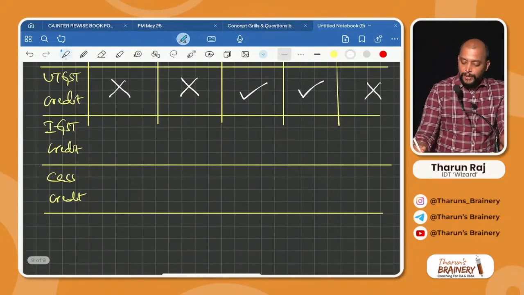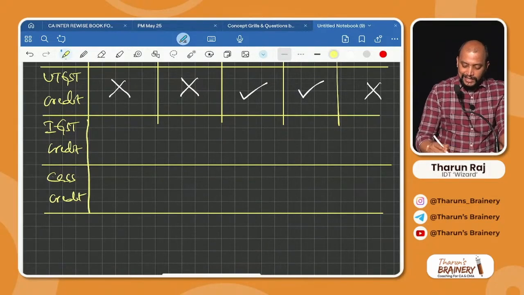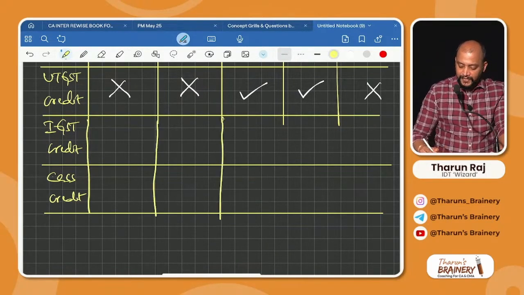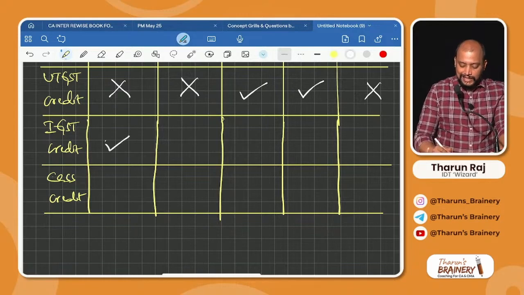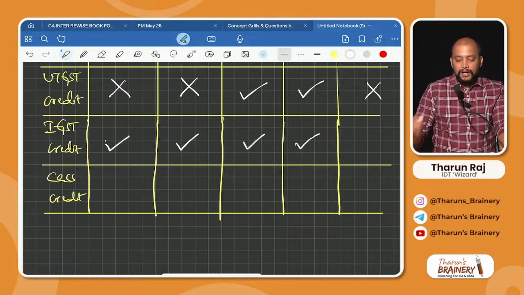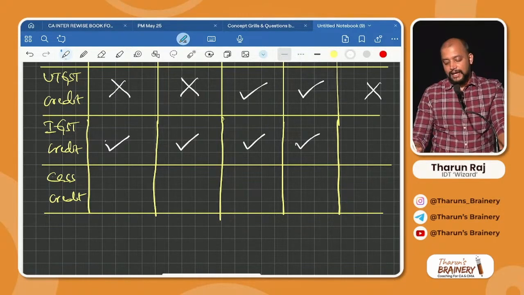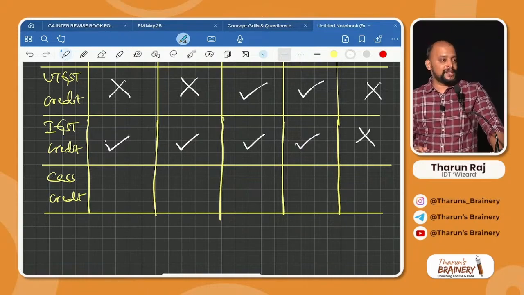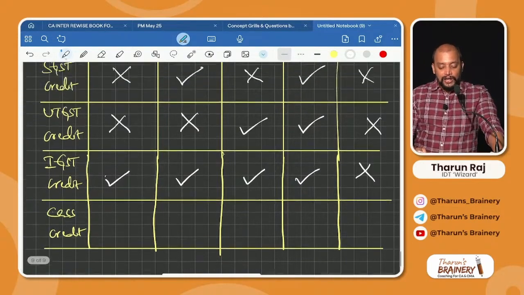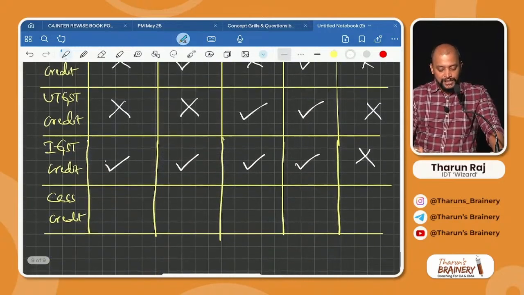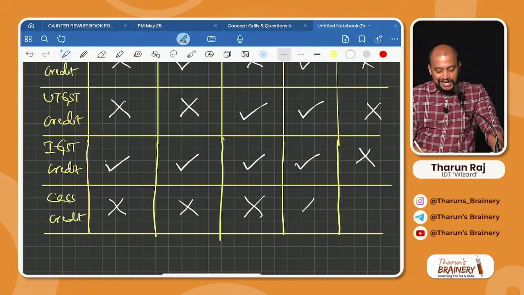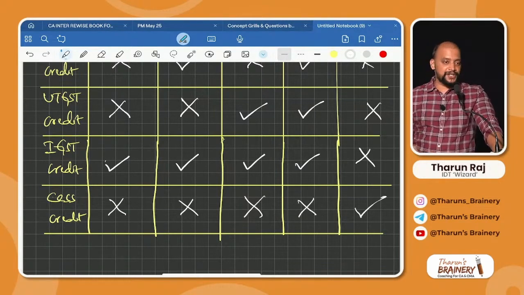Then what about IGST credit? Is there any restriction? Can I use it for payment of all? Yes. But compensation cess, I cannot use it for payment of compensation cess. I can use it for payment of all liabilities other than compensation cess. What about compensation cess credit? I cannot use it for payment of anything except compensation cess.